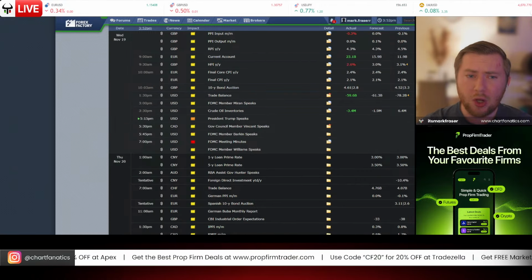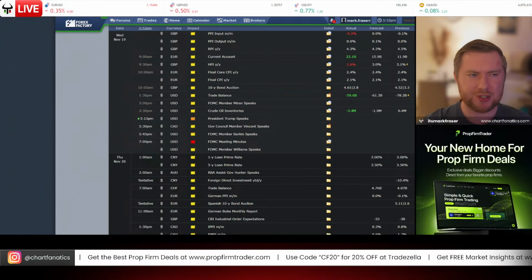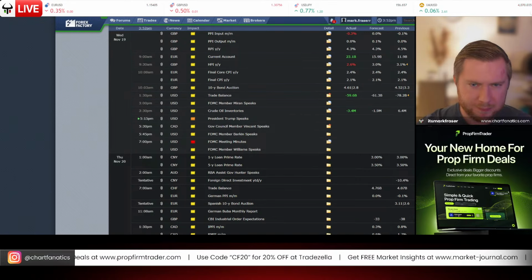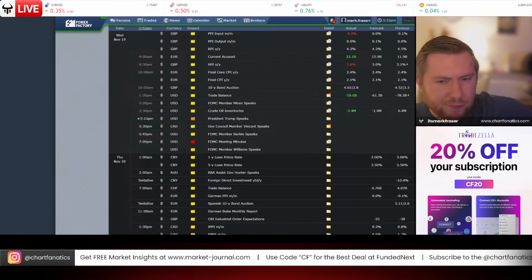And a lot of that reactionary price action that you see on news events is mostly being driven by algo. We're not talking about the algo that most people are referring to. We're talking about the algo that banks use when they're using their quants, etc. So obviously that's very reactionary, high frequency.